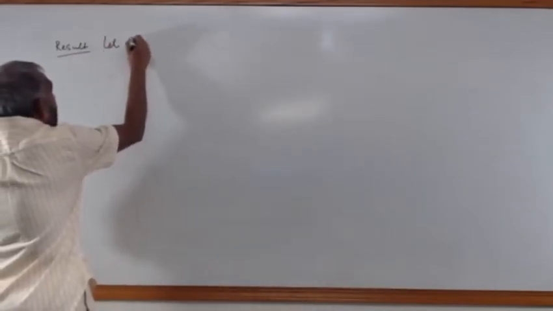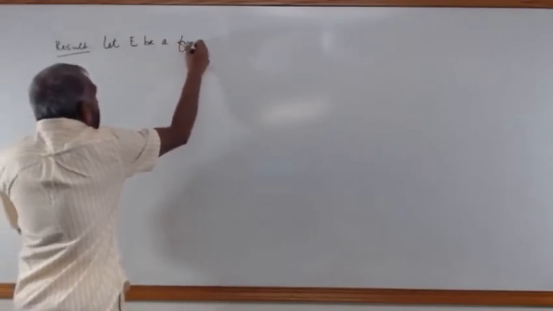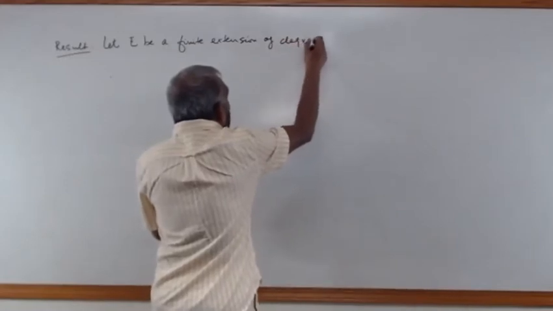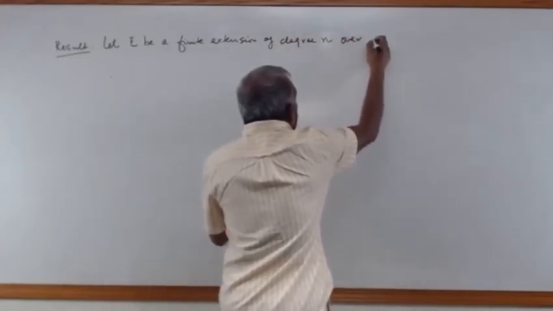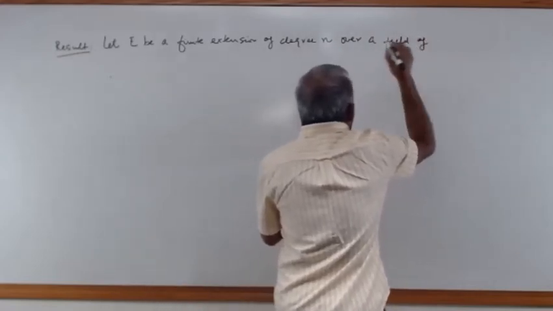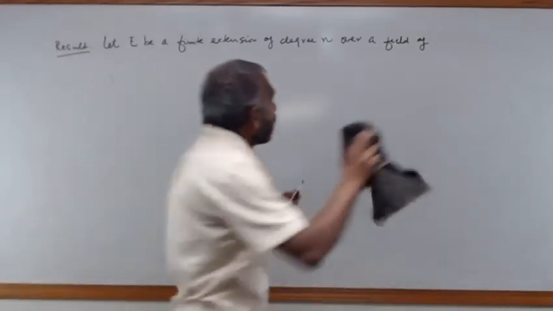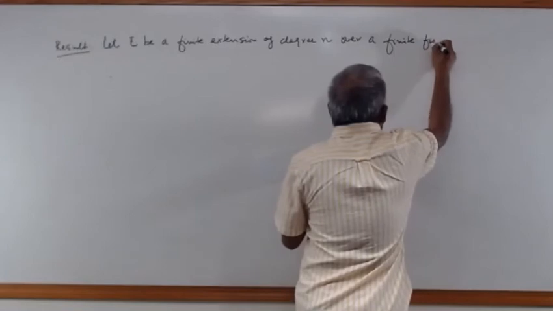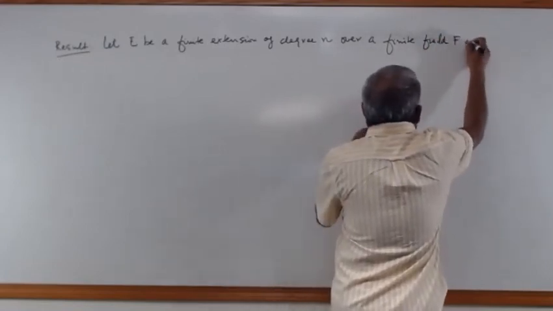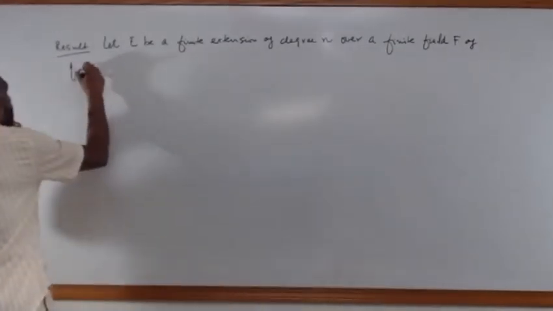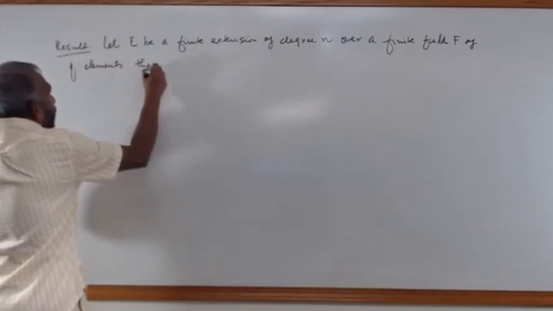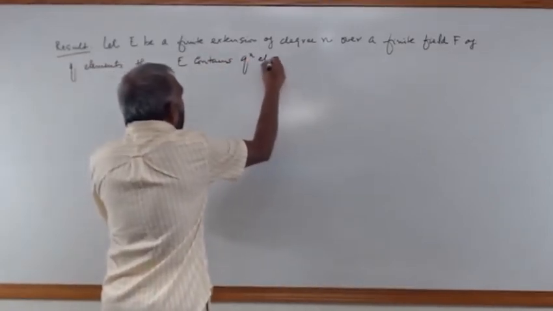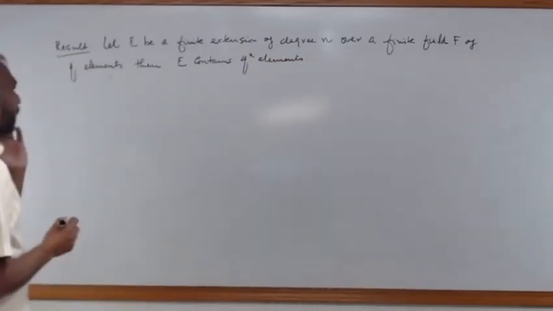Let E be a finite extension of degree n over a finite field F of q elements, then E contains q to the power of n elements. You already did this.